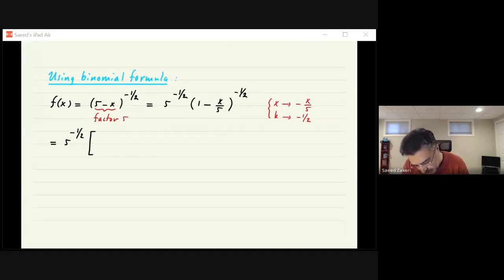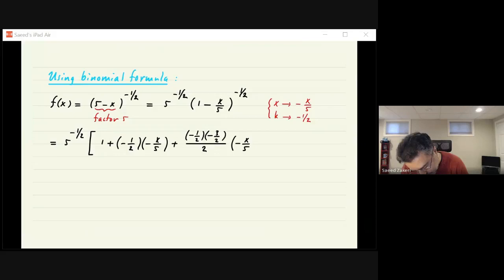So this is going to be 1 plus kx, which is -1/2 times minus x over 5, plus k times k minus 1 divided by 2 factorial, which is just 2, times x squared, which is minus x over 5 squared.